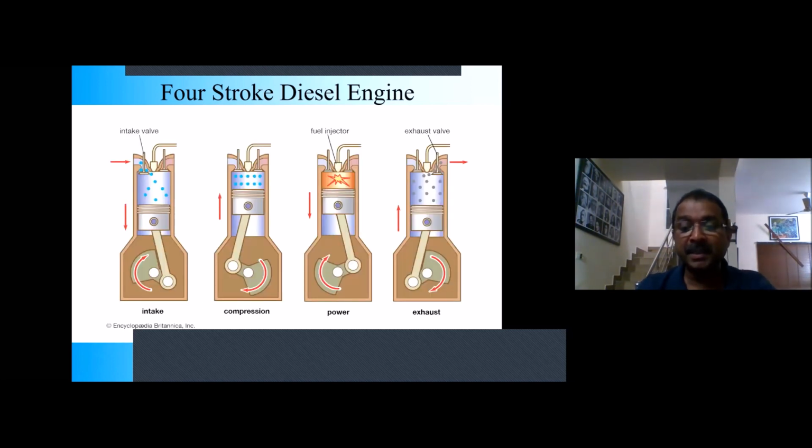So let us see a little bit more correct picture here. Again, intake valve is opened, air is taken in. This is the piston, cylinder. Compression, it is compressing, fuel is being injected, it's getting combusted, piston is pushed to bottom dead center, the exhaust valve is opened and exhaust is given out.